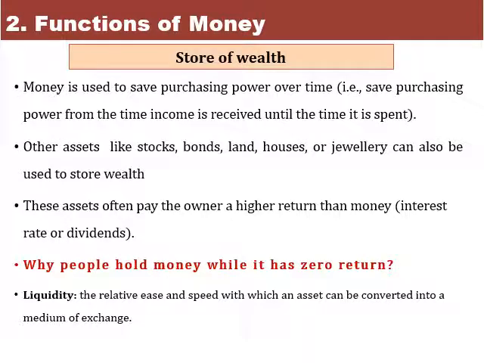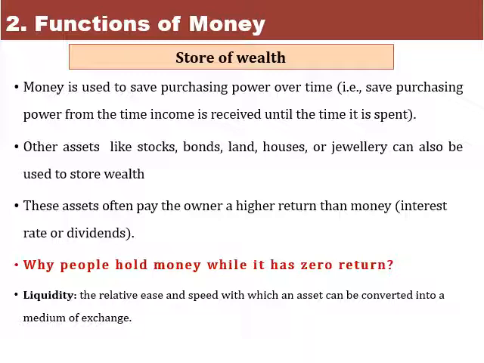Then the third function of money is that we use money to store value or to store wealth, which implies that it saves the purchasing power from the time we receive our income to the time we spend our income. So this function of money is very important because most of us do not want to spend our incomes immediately.